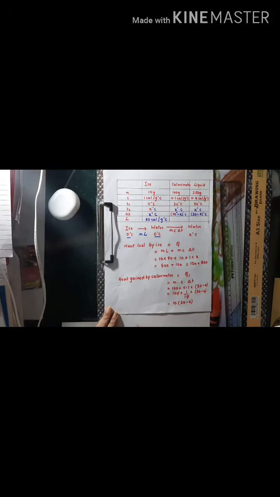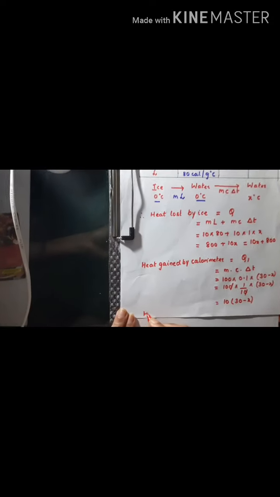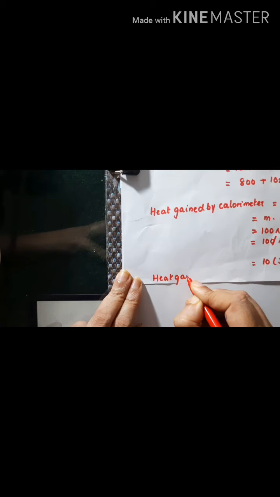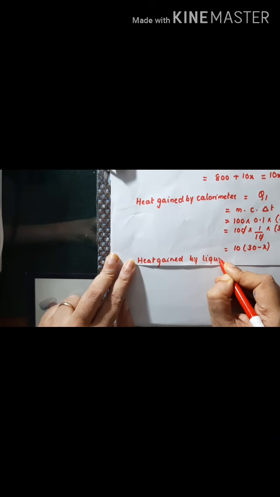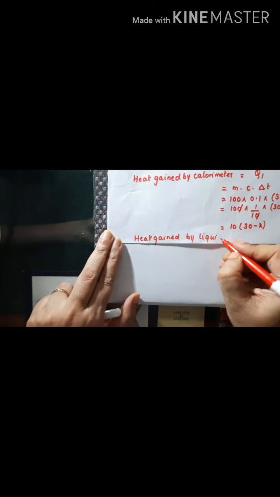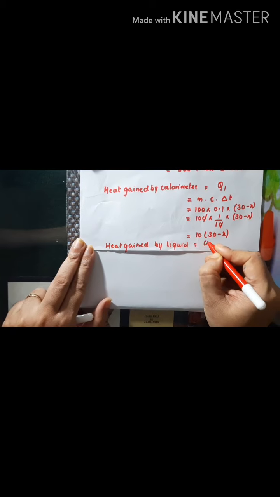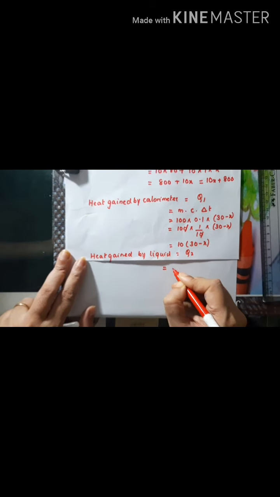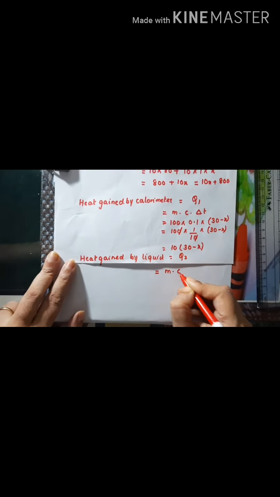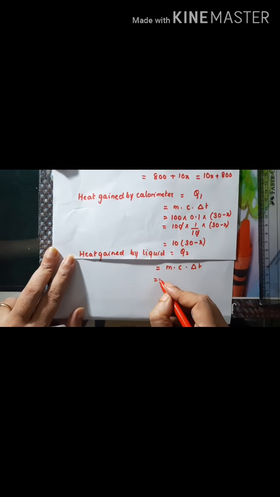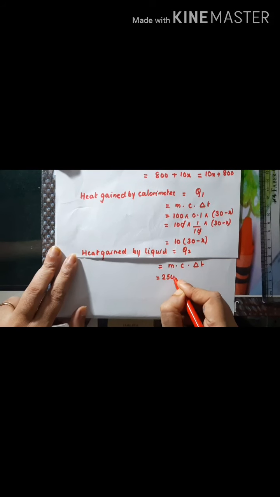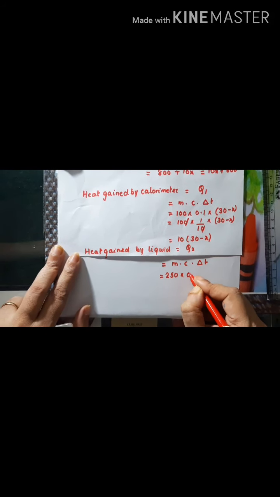Right? Now, heat gained by the liquid equal to Q2. This is equal to M into C into delta T. What is M? M is 250. C is 0.4.